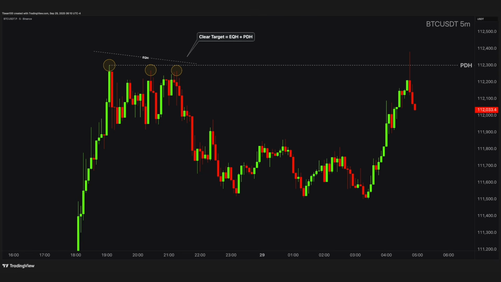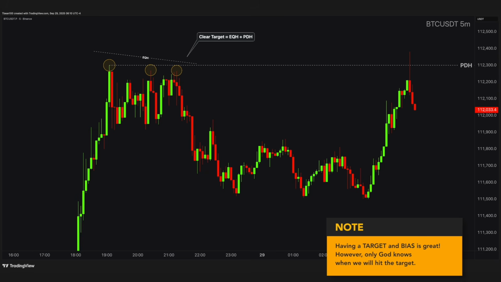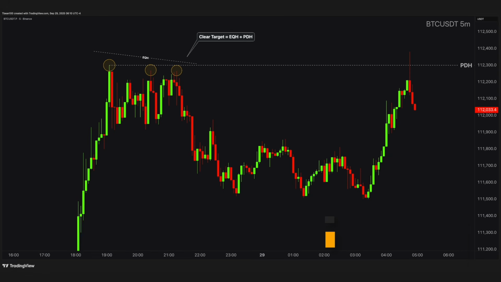So in this trade, we actually have a very obvious target sitting right above us that gives us both our target and our bias. We know that price is moving upwards, but we do not know exactly when or how it is going to get there. Sometimes it happens instantly. Sometimes it takes an hour, and in some cases it may take even days.